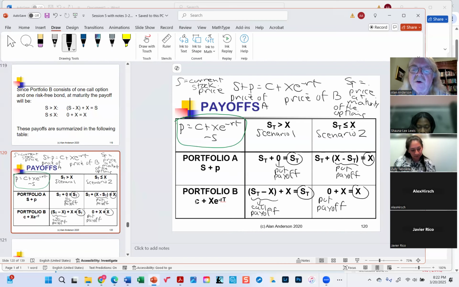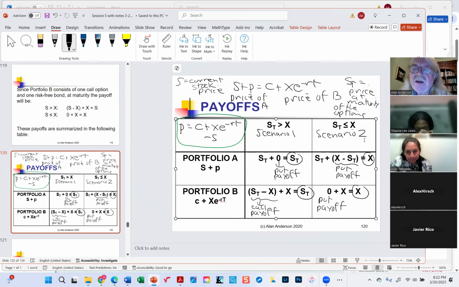Well, this is different because this call finishes in the money, and we receive the payoff of S_T minus X. Also, don't forget, this is a treasury bill that will be worth exactly X dollars on that maturity date. So if you notice, when you add these together, you get S_T. Interesting. How about that? It's not a coincidence.